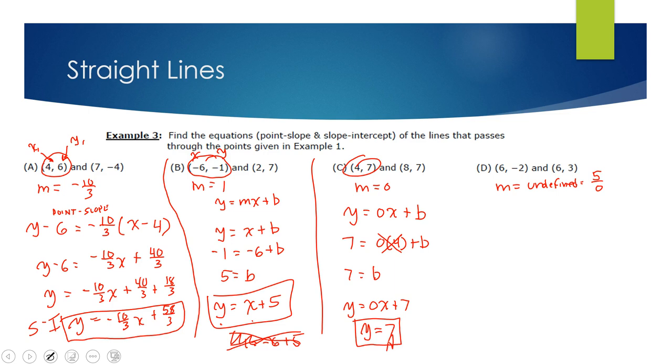Much the same with D. Here's why I kept the slope as 5 over 0 for this, because that's the undefined value. Again, if I start doing the same thing, say, okay, y equals 5 over 0x plus b. I'm going to use 6, -2, so -2 equals 5 over 0 times 6 plus b.